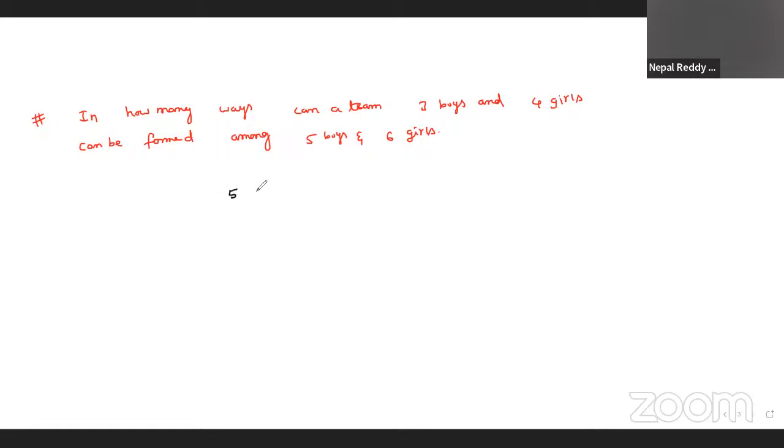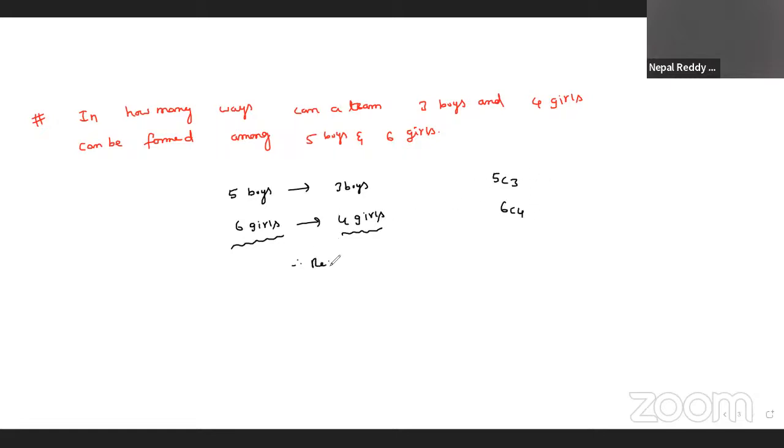Out of 5 boys, you have to select 3 boys. And out of 6 girls, we need to select 4 girls as a team. So the first work, selection of 3 boys from a group of 5 boys, that is 5C3. Next, selection of 4 girls out of 6 girls, that is 6C4.